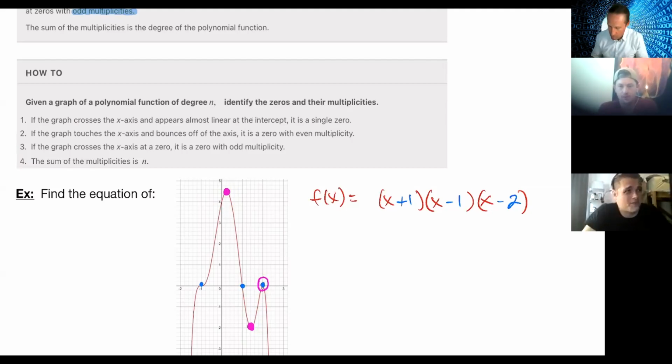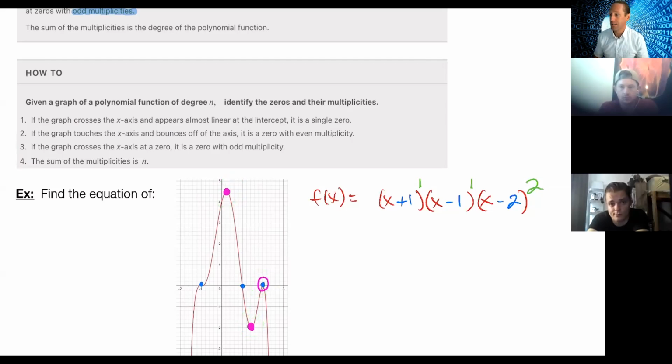Could be higher, but we know that it's going to be 4, and therefore, because this one was the one that stayed negative, it went the same direction, we're going to put a what at our x minus 2 factor? 2. Very good. We're going to make sure it's even, and we're going to guess that it's probably 2, because then that would give us a degree of, if we put 1s there and there and keep them odd, a 4. Like we said for our 1, 2, 3 turning points.